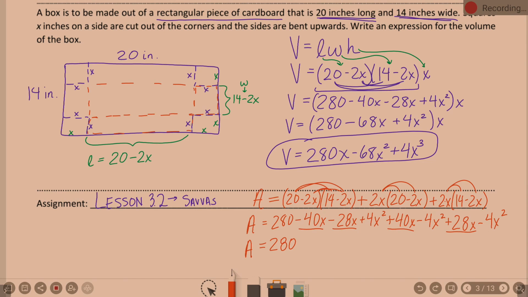They all cancel, so the x terms are gone. Plus 4x squared minus 4x squared minus 4x squared. And that is your surface area. So you're at least prepared now if they ask for surface area.